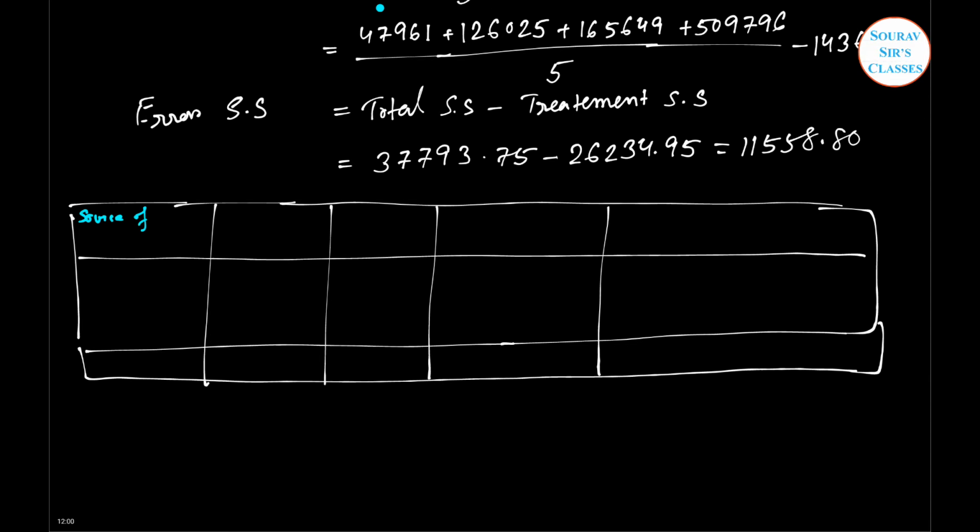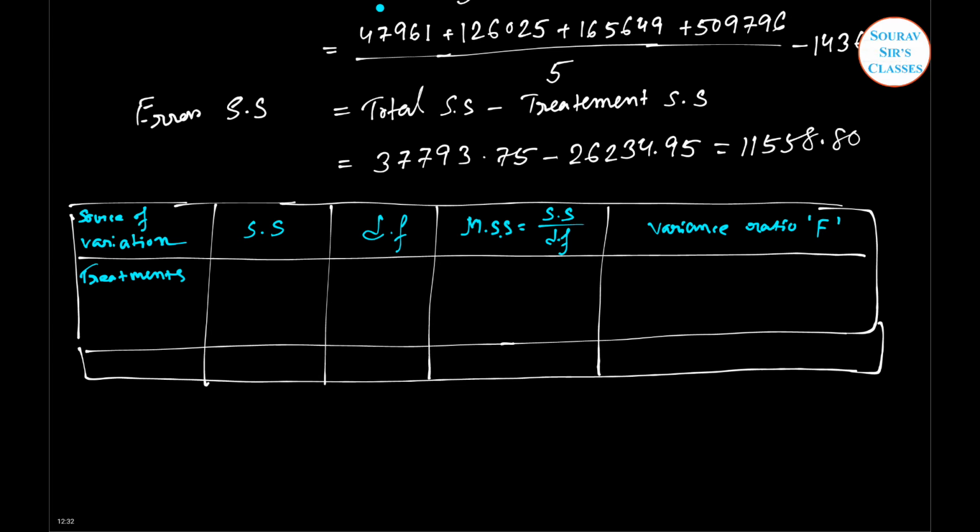Source of variation, SS, DF, MSS, which equals SS by DF, variance ratio capital F. Now treatments and error: 26234.95 and 11558.80.